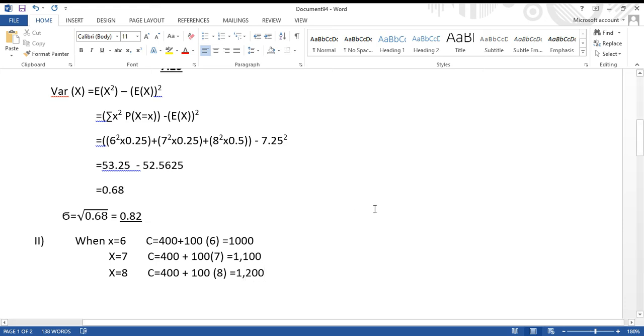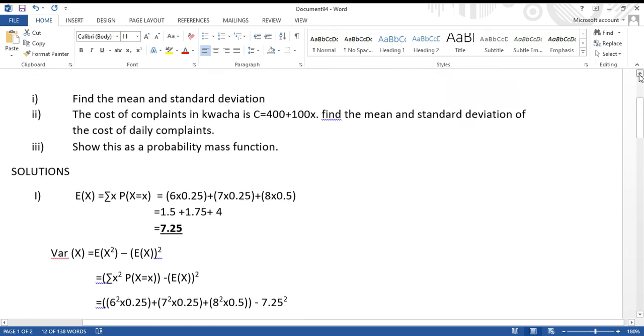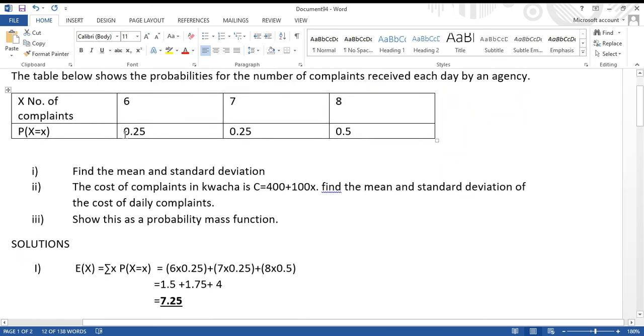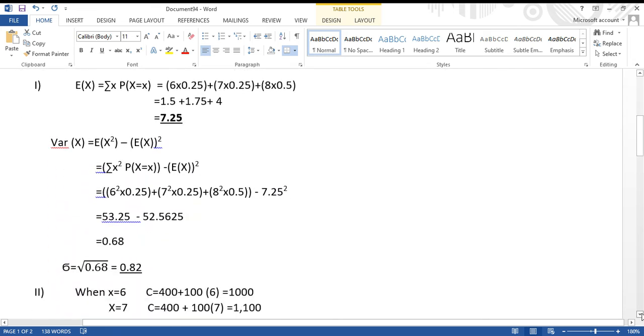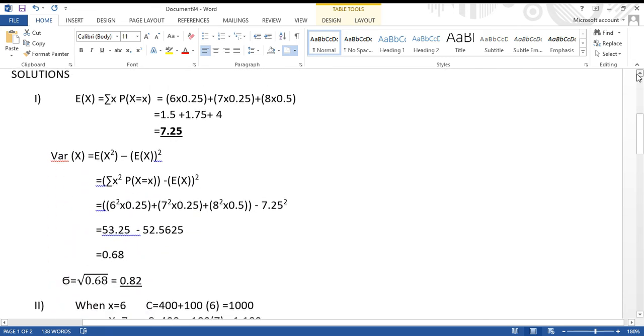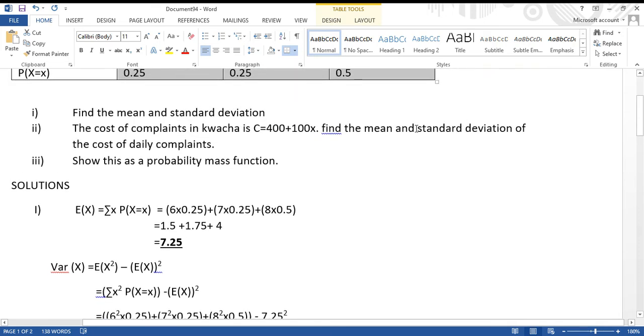Now, since we've got these costs, we're going to multiply them by each of the probabilities. They told us to find the mean and standard deviation of the costs, so we use this same formula, only this time our X will be replaced with our new values, which we have tabulated.